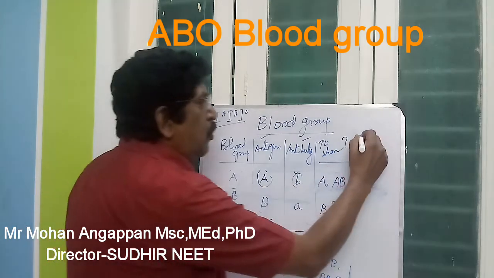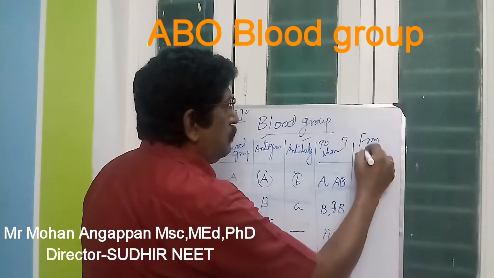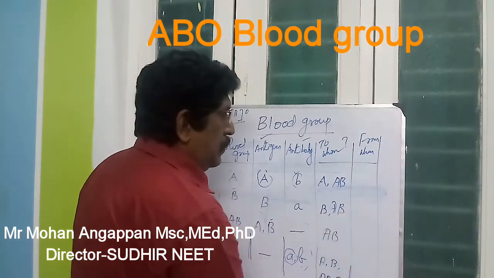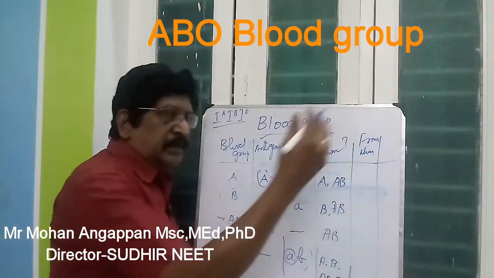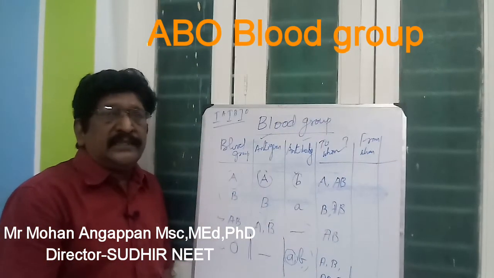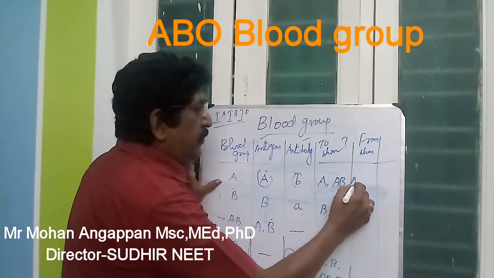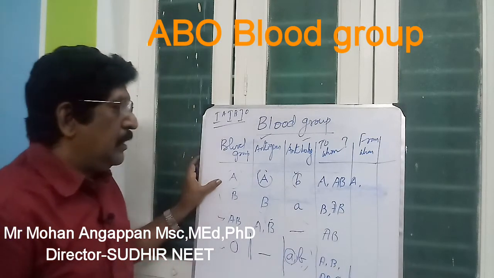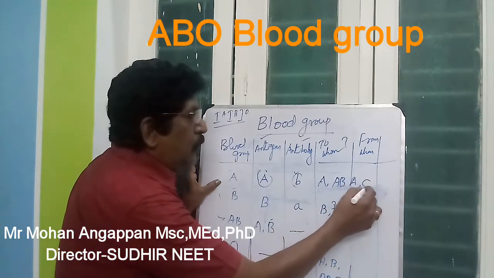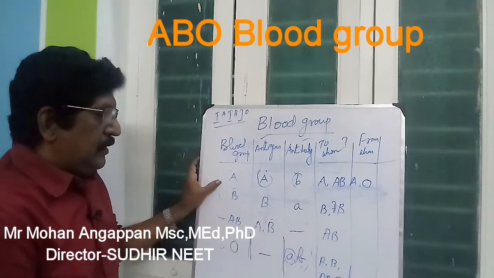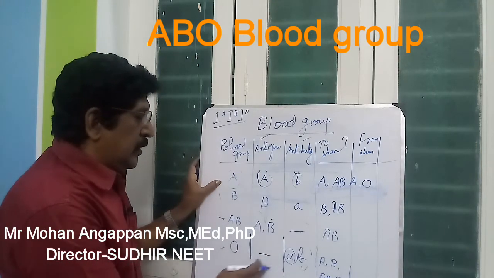The next, from whom can they receive blood? So A group definitely can get blood from A and O. Why? There is no antigen at all in O group.